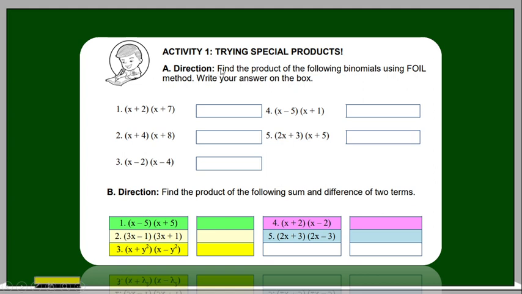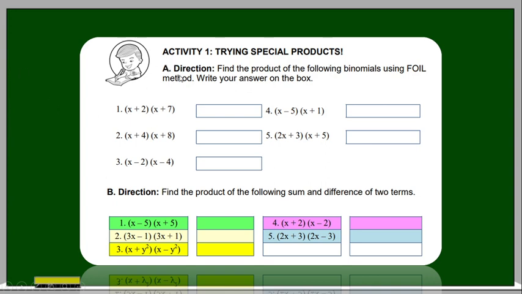For the direction, you are going to find the product of the following binomials using the FOIL method. Write your answer in the box. Gamitan mo ito ng FOIL method. Tingnan mo doon sa previous slides natin kung medyo nakalimutan mo. Ulitin mo siyang panuorin.